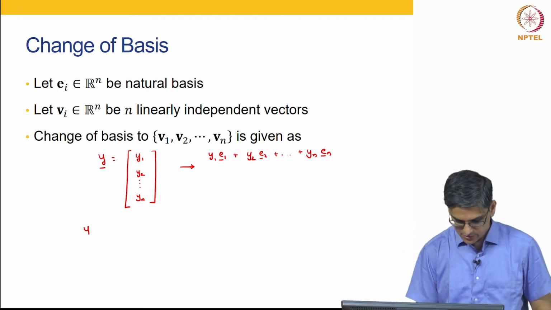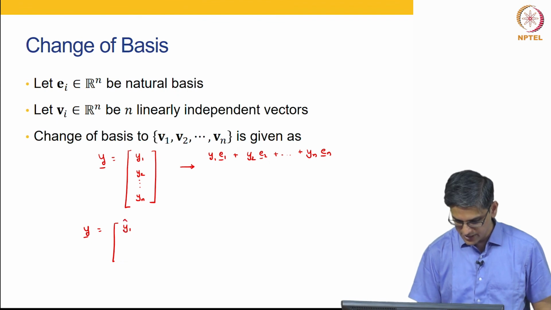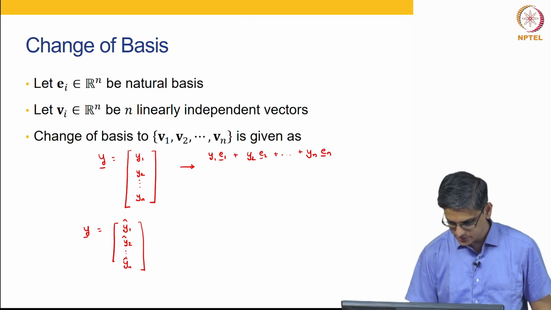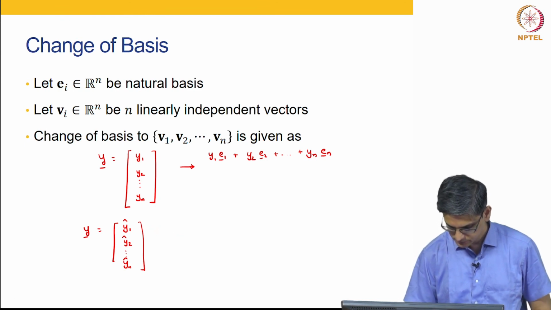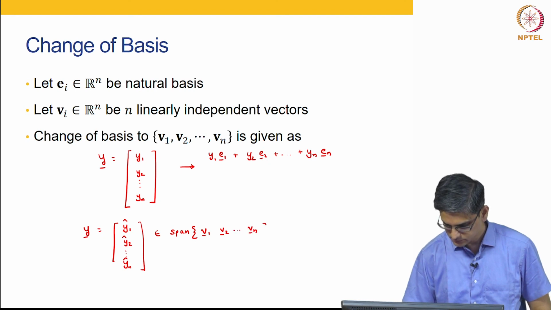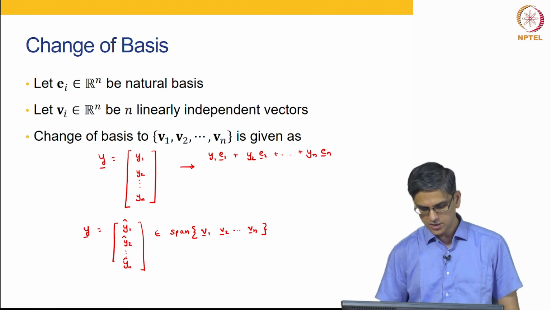Let us say y bar is represented in terms of y1 hat, y2 hat and so on up to yn hat in the space defined by v1 bar through vn bar. Let us say this is how we define it. What does that mean?